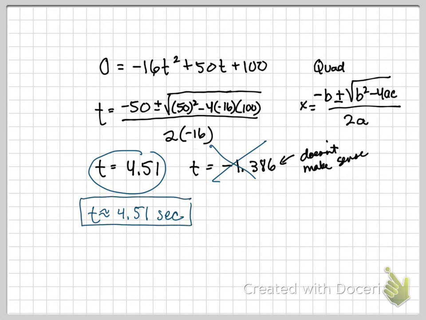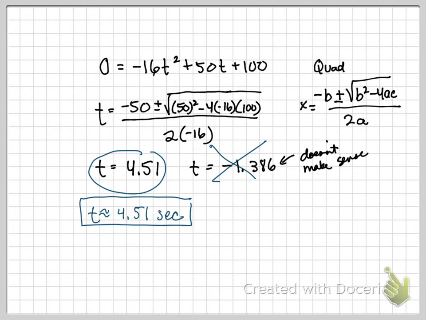Okay, so just to overview this problem quickly, we started with the acceleration, and how did I know that? Because my units were in feet per second squared. I took the integration of acceleration to get my velocity function. At that point, I used the 50 feet per second to find c, because that was the initial velocity that was told to us in the original problem, to find the velocity formula.